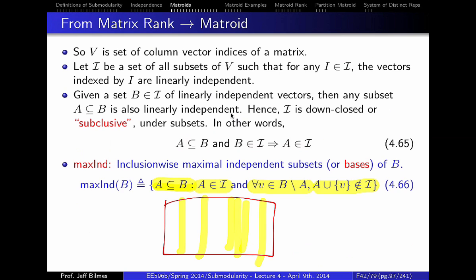No, because you could always keep adding stuff until you get to B again, and you wouldn't lose the independence property. So B is any subset. That's a good point, actually. So let's write this here. B is any subset.